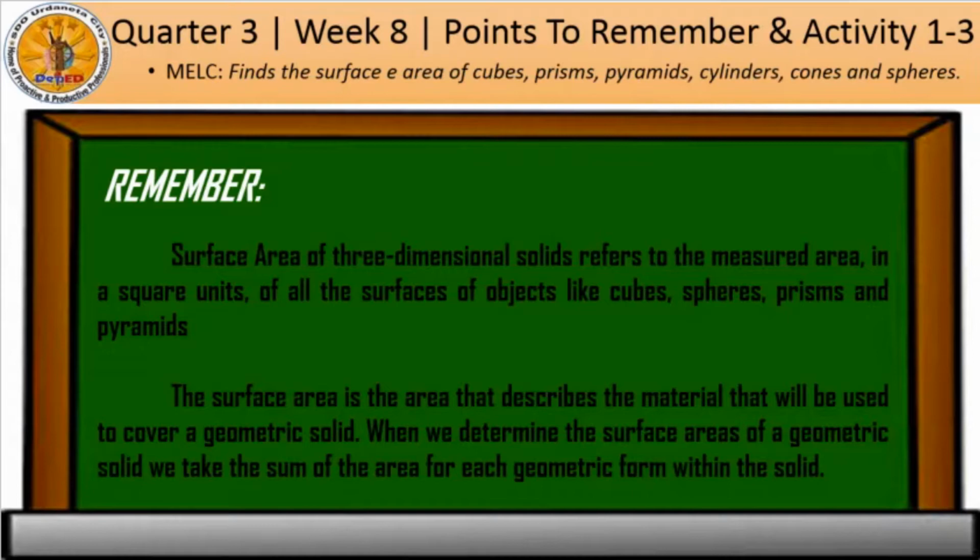The surface area is the area that describes the material that will be used to cover a geometric solid. When we determine the surface areas of a geometric solid, we take the sum of the area for each geometric form within the solid.